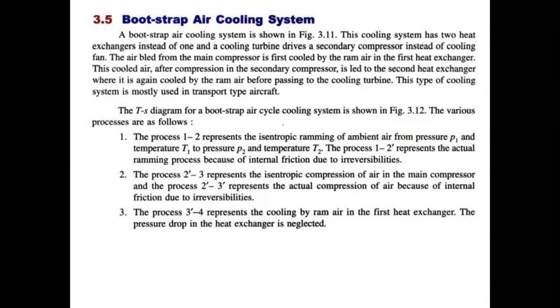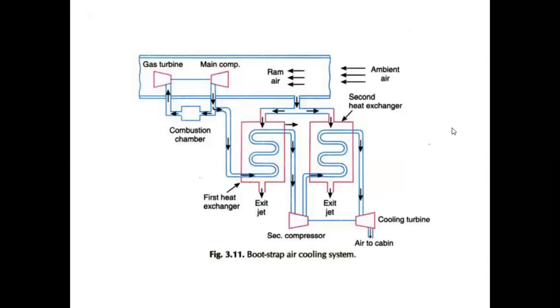system. So the bootstrap air cooling system is as shown in the figure. The same arrangement has to be done here as we saw in the air evaporative cooling system, which was discussed in the previous lecture.